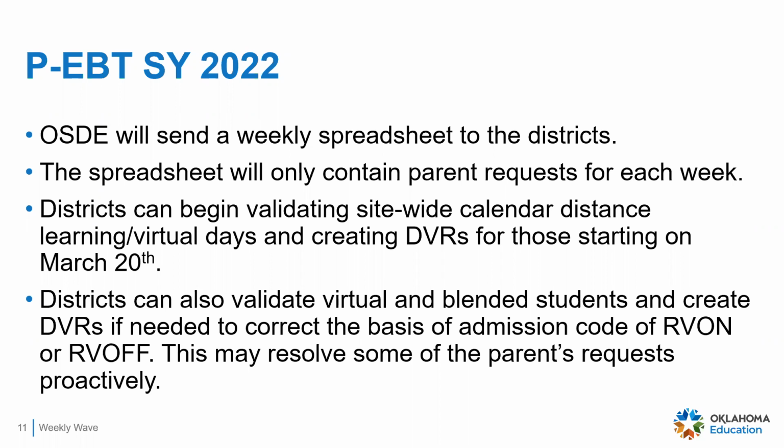What I had said earlier, right now you can be validating the site calendars for distant learning and virtual days and creating those DVRs. You don't have to wait for a parent to submit a request.